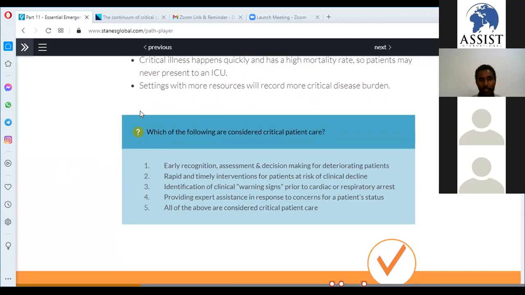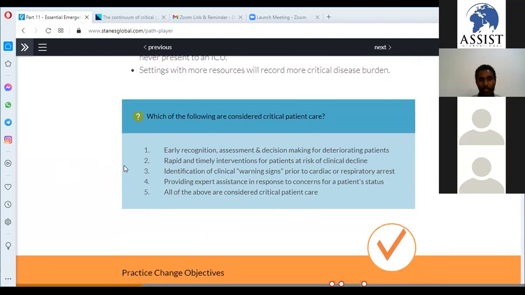Due to these reasons it may differ, but overall all these mentioned issues are included under critical patient care.